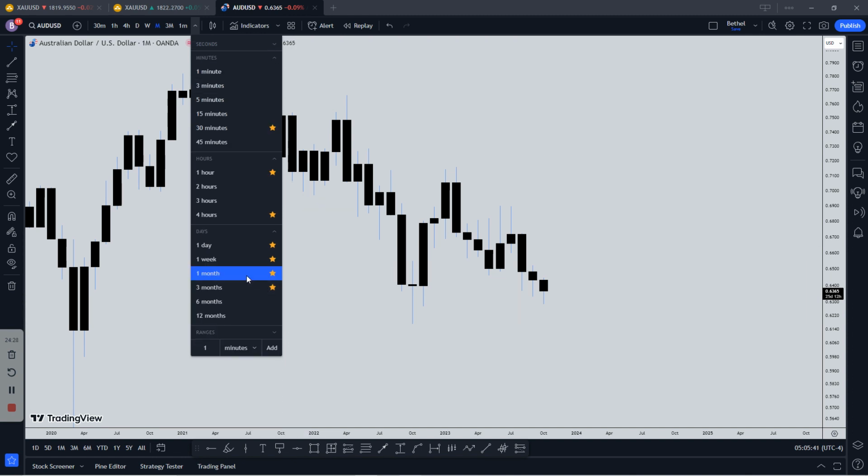So if I put this on a monthly chart, it means that one single candle like this represents 1 month of price action. It will take 1 month for this candle to form and close before another one opens. You can see this October 2nd. Look at the dates below. It started on October 2nd.